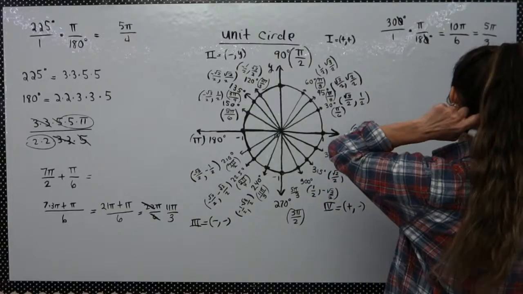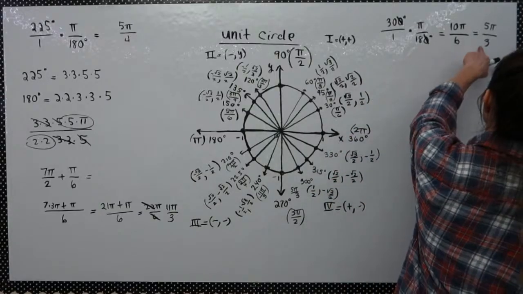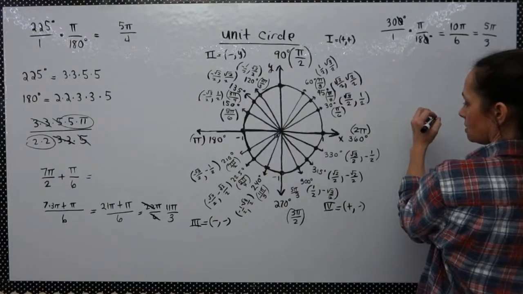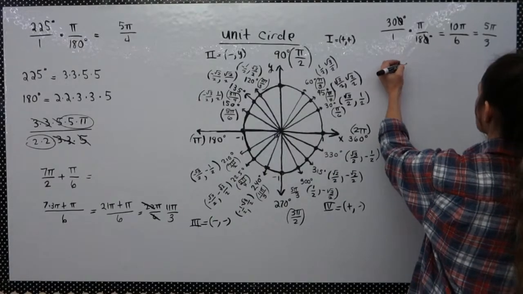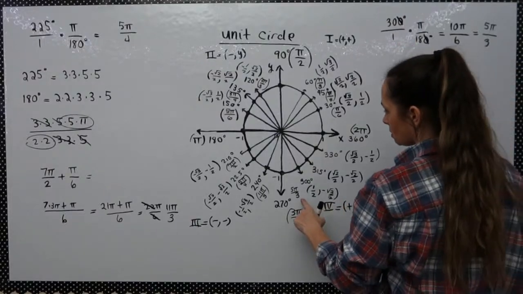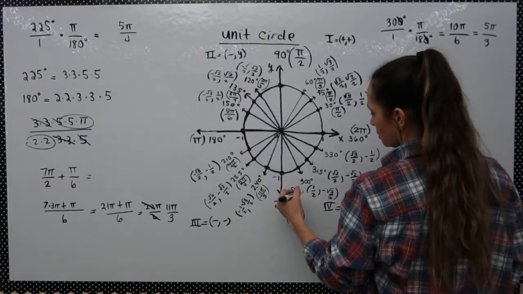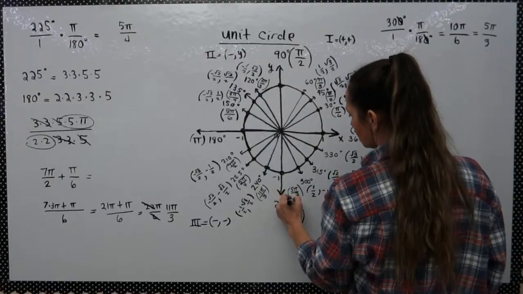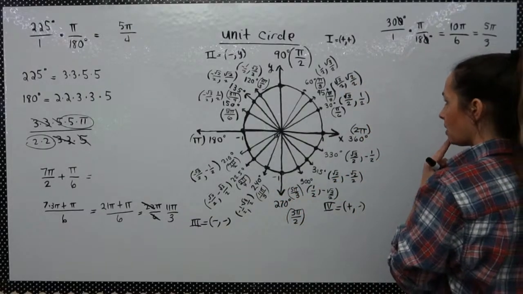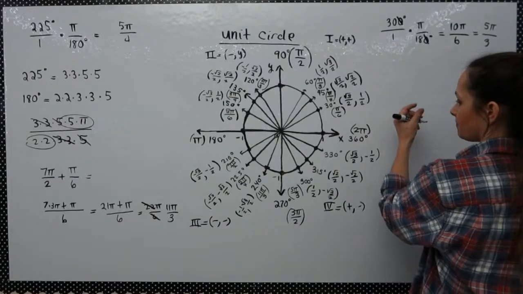we're just going to do it this way, because this is 5 pi over 3, not 11. Why am I getting stuck here? We should get 5 pi over 3. Why am I only getting 4 pi over 3? Let me try it one time.